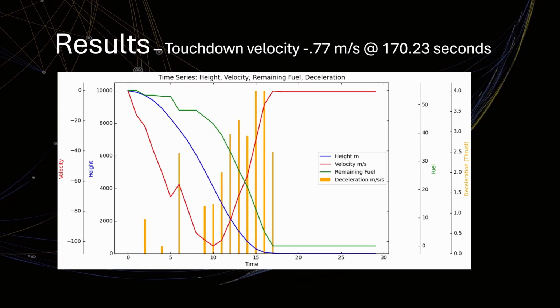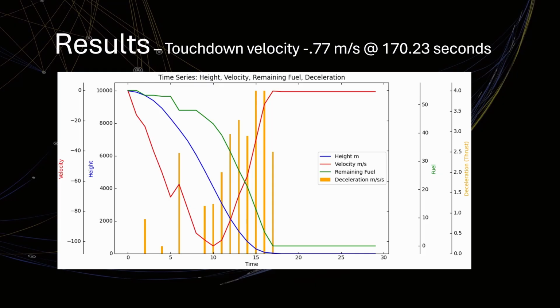Here are the results through time. You can see the deceleration by the thrust applied. Those are the orange bars. And then that nice sigmoidal relationship of height versus time is the blue. The velocity shows how we're actually more negative in velocity in the early stages as we're increasing our fall towards the moon.